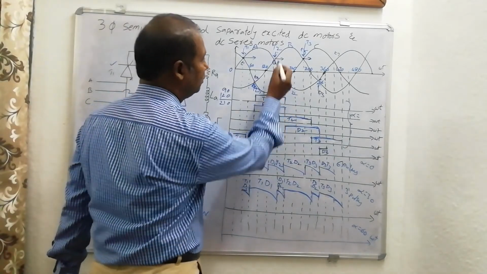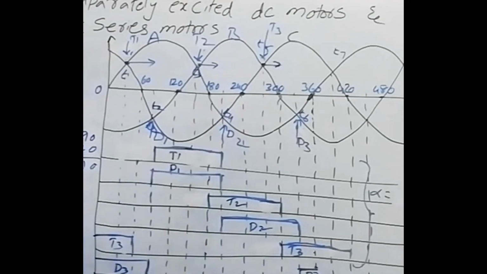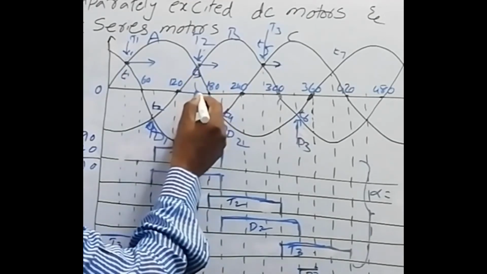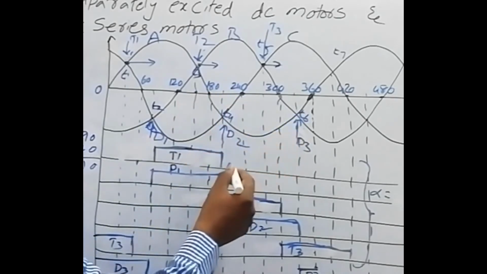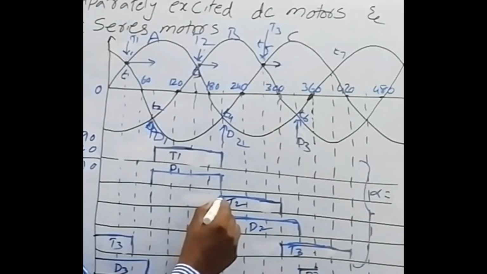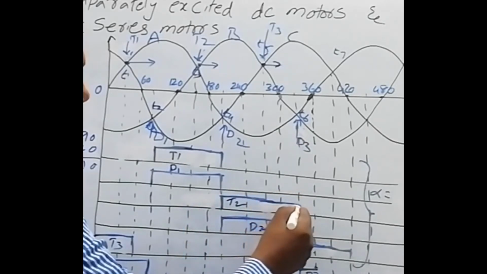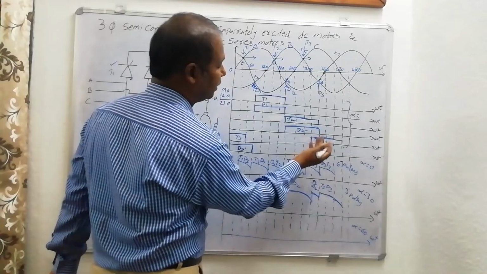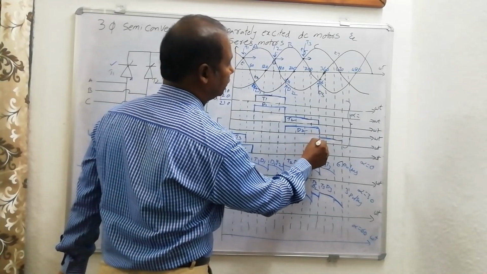Similarly for T2, measure 60 degrees from this point. So 180 plus 60. Sorry, this is the point 150. 150 plus 60, 210. So measure up to 210. So you will get this one. It extends to here. Based on the logic, we have to draw the waveforms. D3 does not change. For T3, it starts from here.